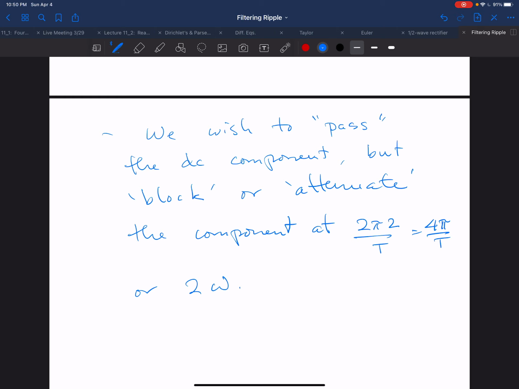Okay, so suppose then that we wish to decrease the power in the component at this frequency, this lowest frequency sinusoidal component, by some factor.